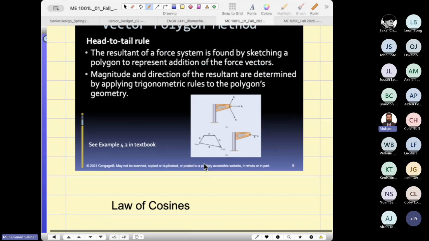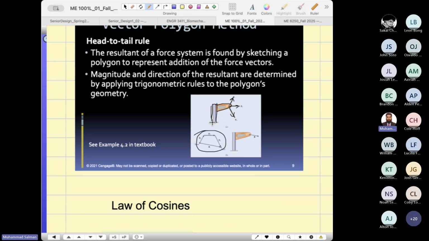Now you see on this member, this is maybe a pole, and these are the cables, tension in the cables, and you have to find the resultant force on this pole, and then you will find the strength of the bolts to hold this pole. You might have seen this kind of situation in the light signals.